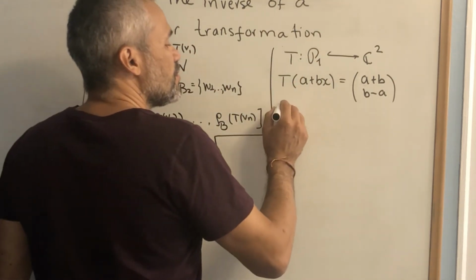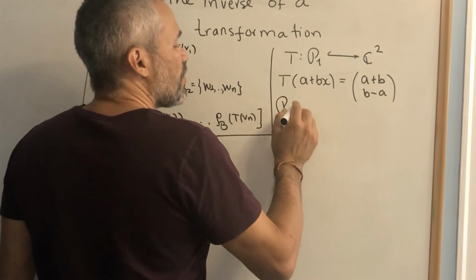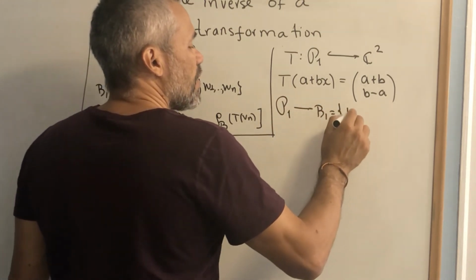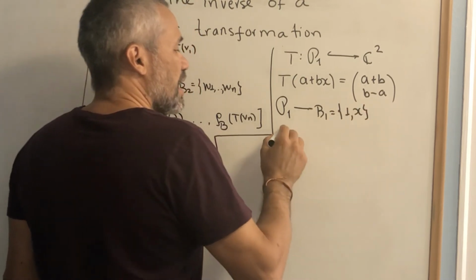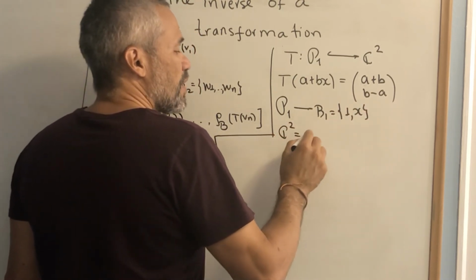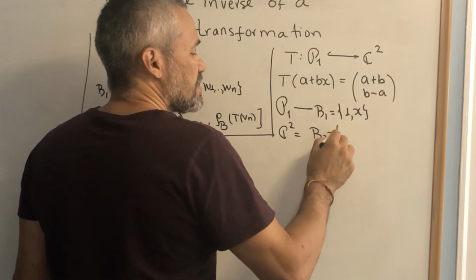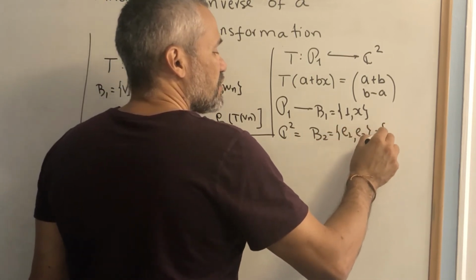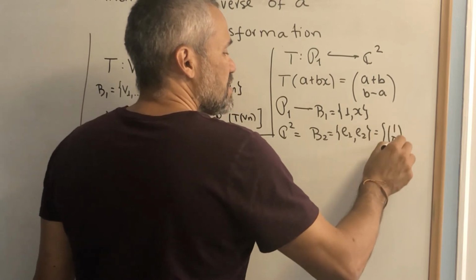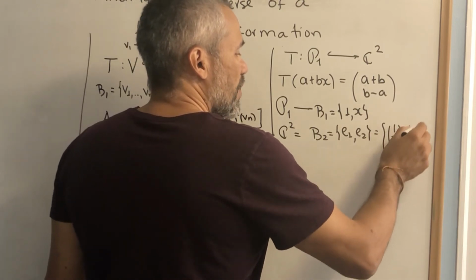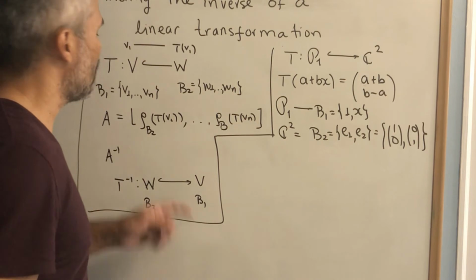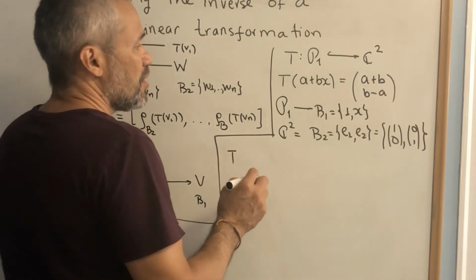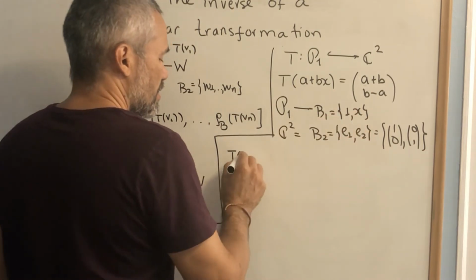Then for P1, we're going to pick this basis B1 equal to 1 and X. And for C2, we're going to pick the basis E1 and E2, which are the vectors 1, 0 and 0, 1. Then to compute the matrix of the transformation, we need to compute T of V1.